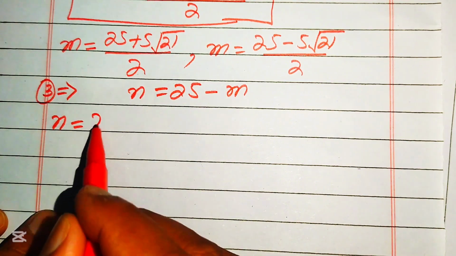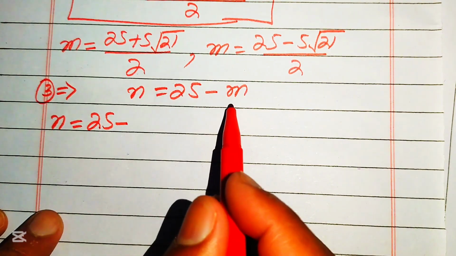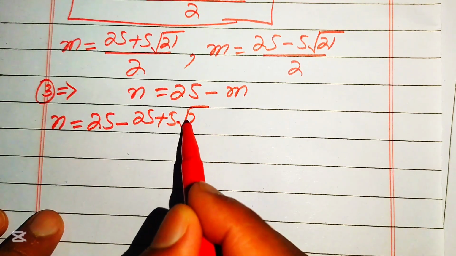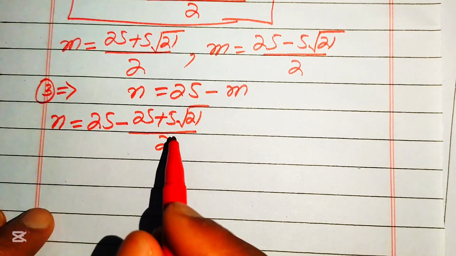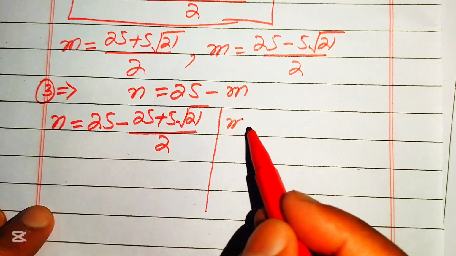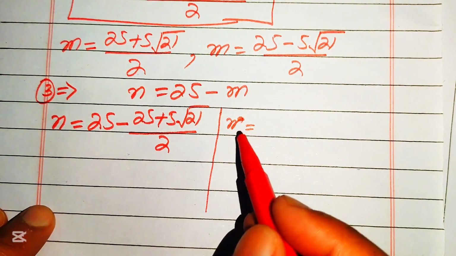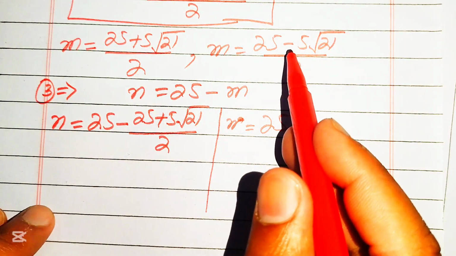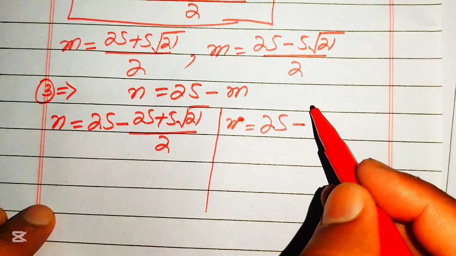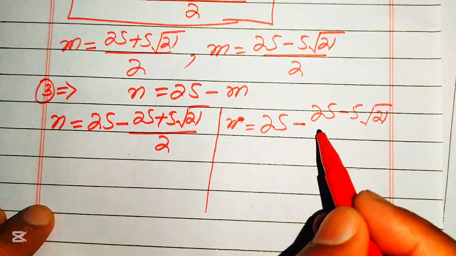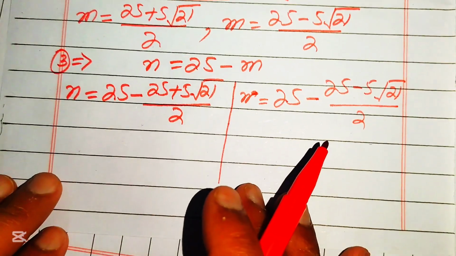Here you have 25 minus m, the value of m is 25 plus 5 times the square root of 21, divided by 2, and here we put the negative value of m, and we get the value of n equals 25 minus m. In this case the value of m is 25 minus 5 times the square root of 21, divided by 2.